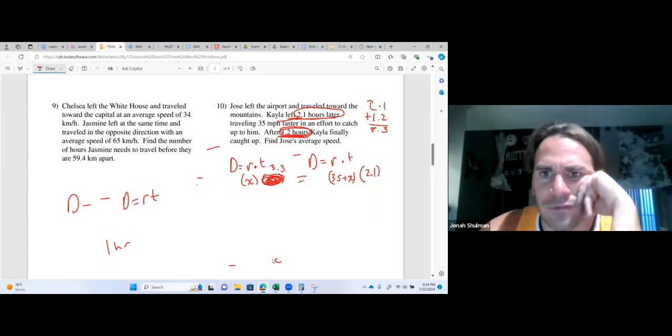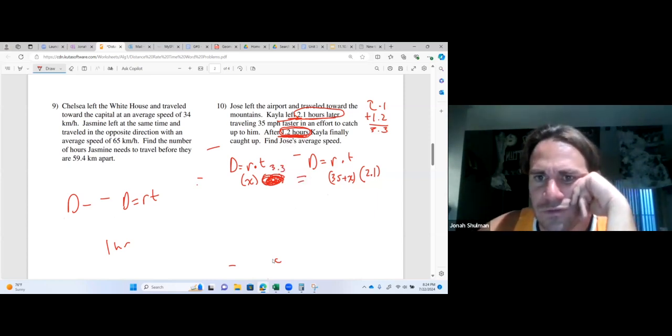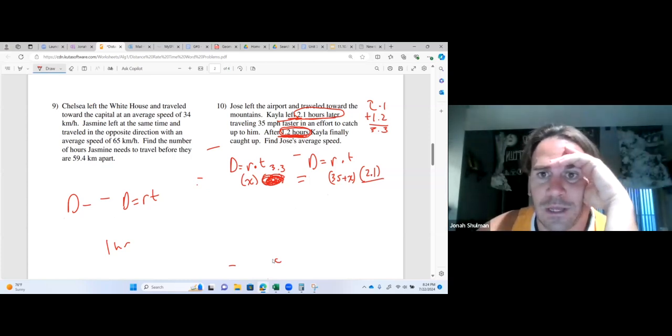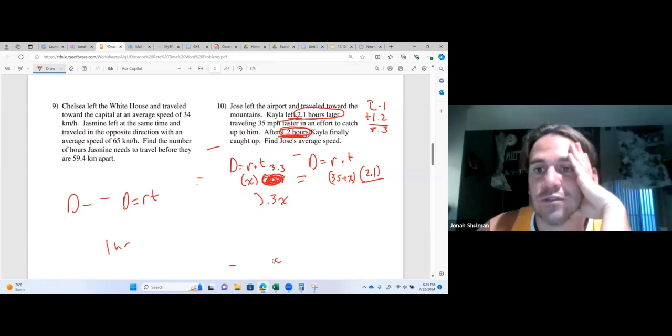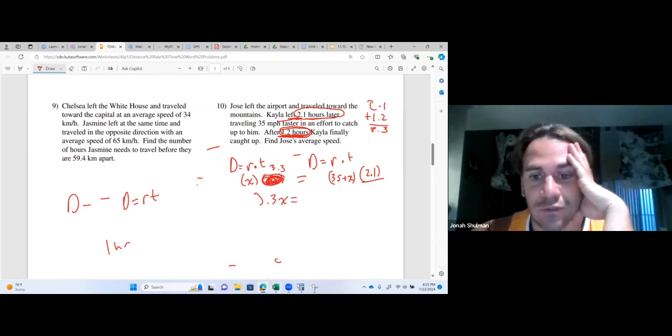I think this is it, because 2.1 hours later is where she starts, and his has to equal her distance. After 1.2 hours, they finally caught up. So I think that's 3.3x equals 35 times 2.1.